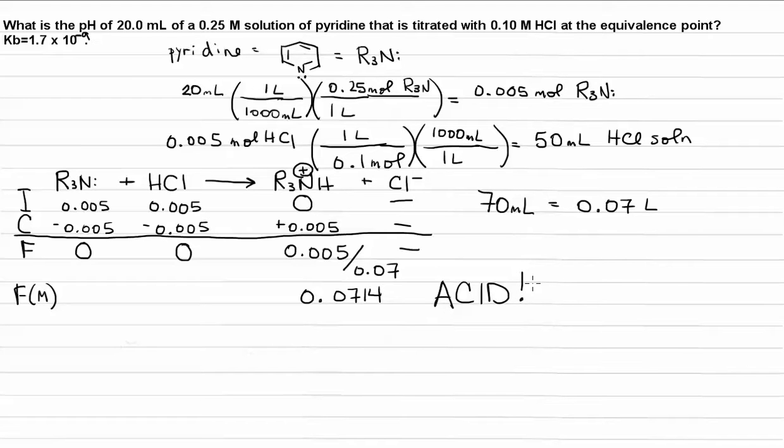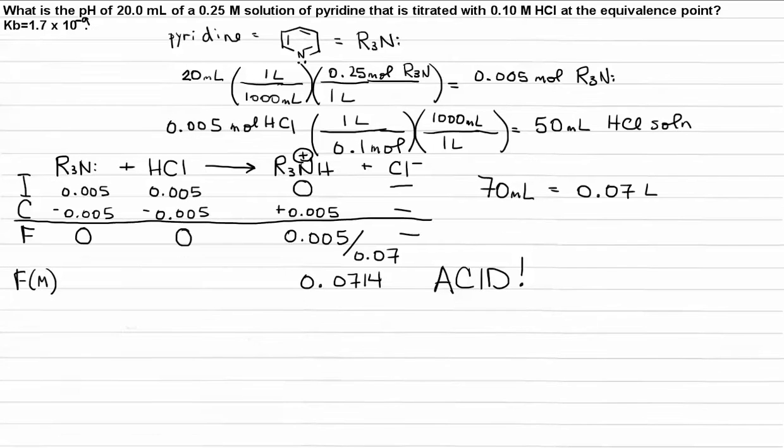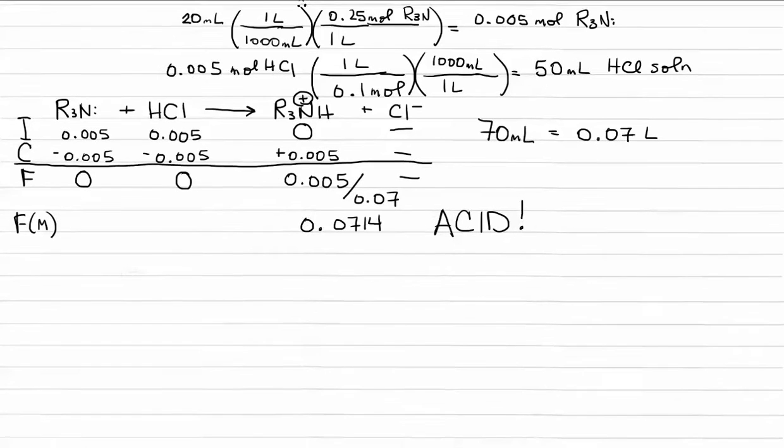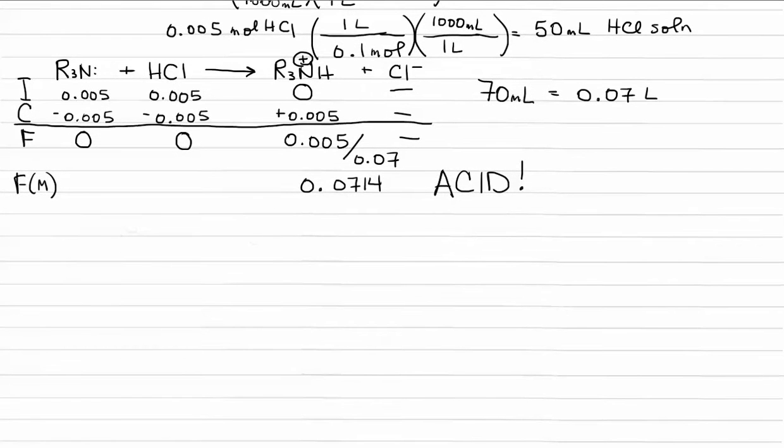This is where it gets tricky though. We need to put this into water now and solve an ICE table in order to determine what is occurring in this solution. So let's take that conjugate acid, R3NH+, and put it into water to determine the pH.